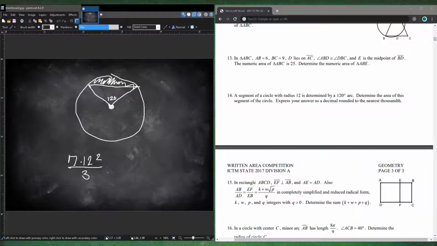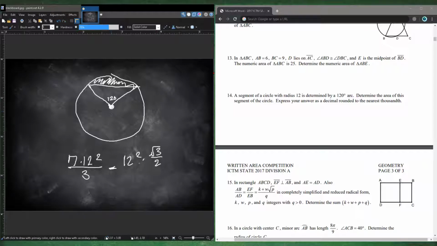Now we need to subtract this triangle. So remember, this triangle is 120 degrees. The formula for the area of a triangle, using just one angle, is the two side lengths times the sine of that angle. So it's 12 times 12, which is 12 squared, times sine of 120. And sine of 120 is just square root 3 over 2.